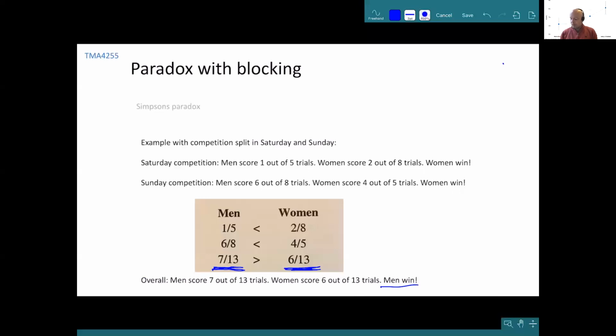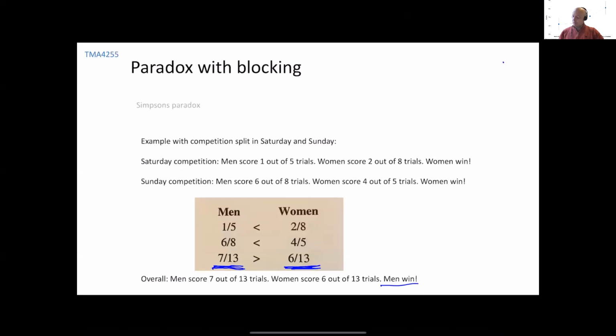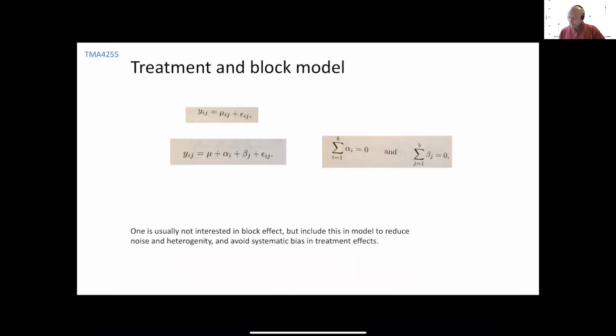The difference is, of course, that the number of trials for men were much higher on Sunday, when it seems like the conditions were better, and the men had fewer trials on Saturday, when the conditions looked worse. So this indicates that blocking is important, and we should try to get some kind of homogeneity in our example to study carefully.